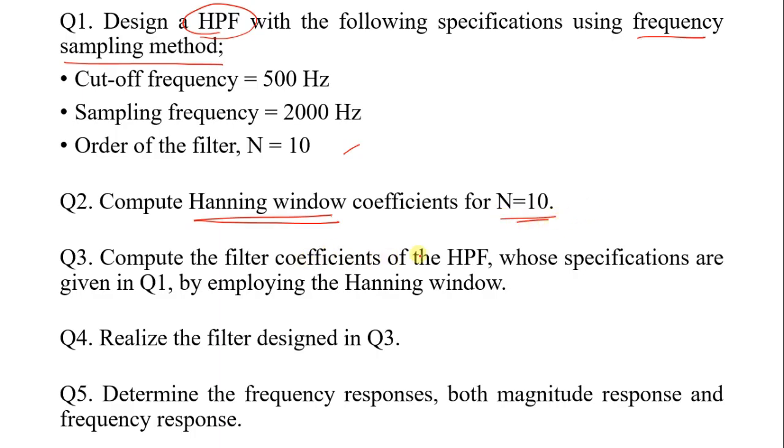Then compute the filter coefficients of the high pass filter whose specifications are given in question 1, by employing the Hanning window. After that, from here you will get H(z), and then you have to realize the filter and determine the frequency responses, both magnitude response and phase response. Here I have broken it down into 5 components. In the exam, it will be a single question.